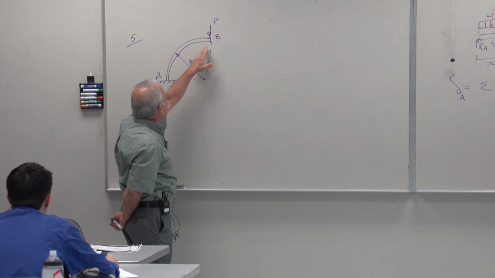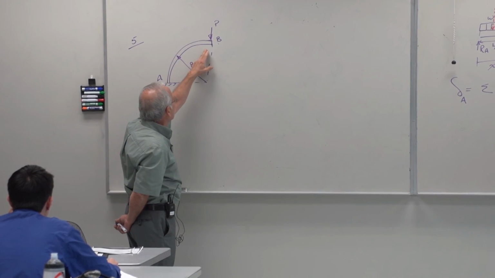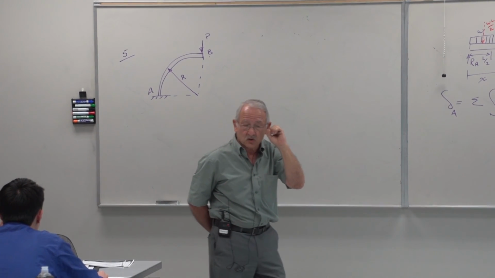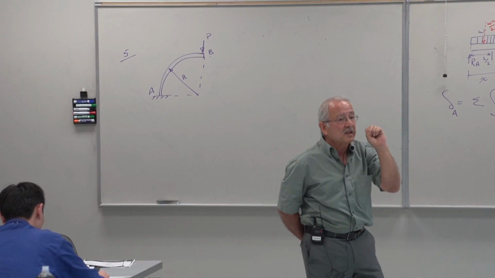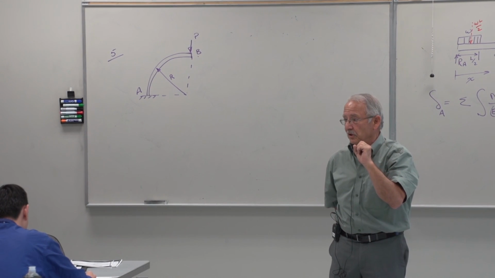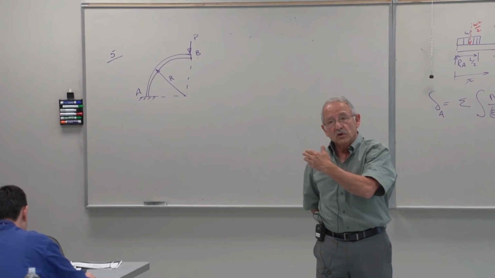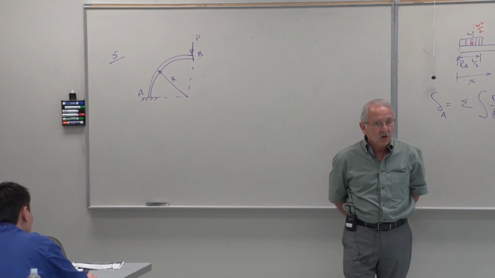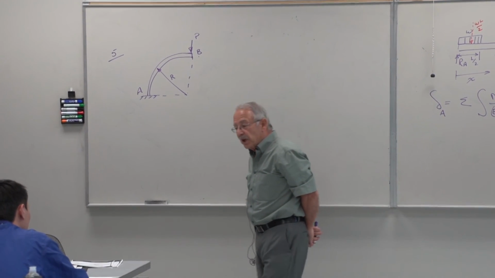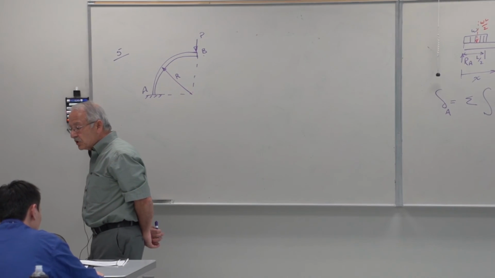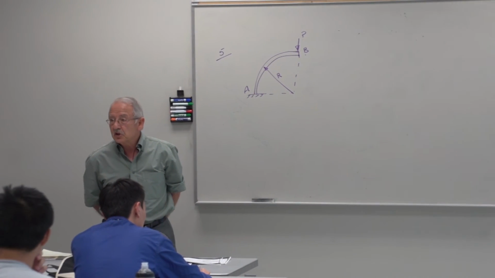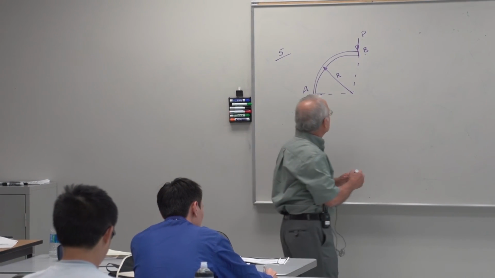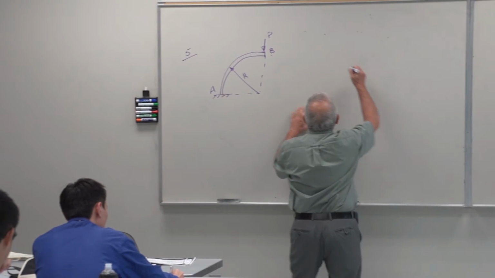if the length of this beam is large compared to the dimensions of its cross-sectional area, we can find an approximate value for the deflection if we use the equations for a straight beam. Otherwise, we cannot do that. The stress distribution in a curved beam is not linear. It is not like your MC over I equation.